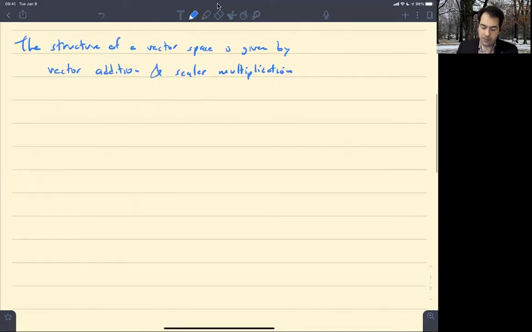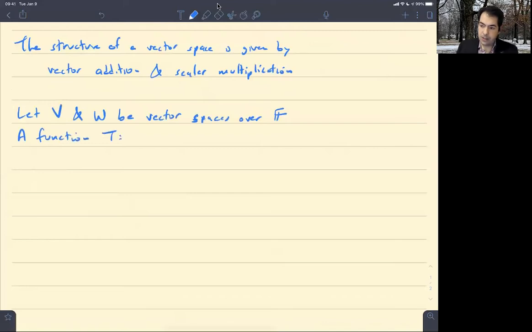Okay, so formally, let V and W be vector spaces over the same field. A function T from V to W is a linear map, or linear transformation, or linear operator.